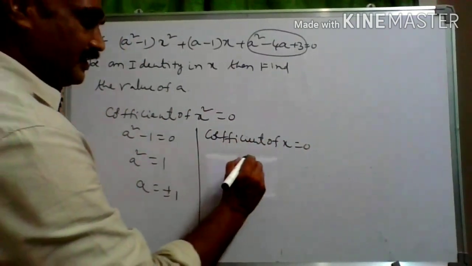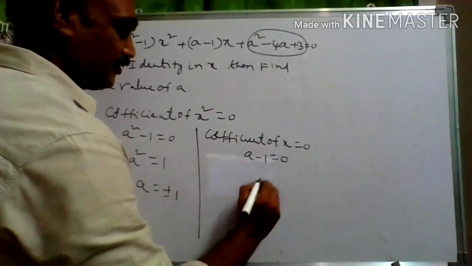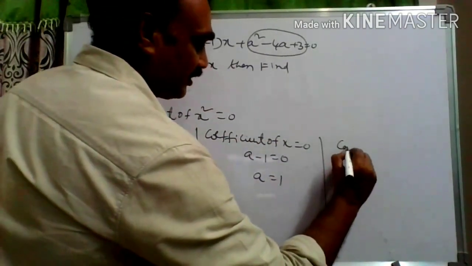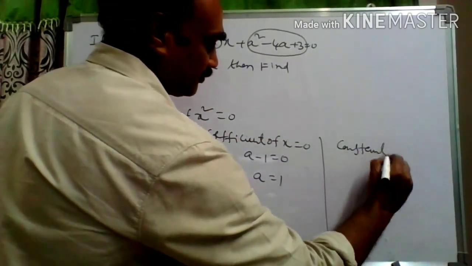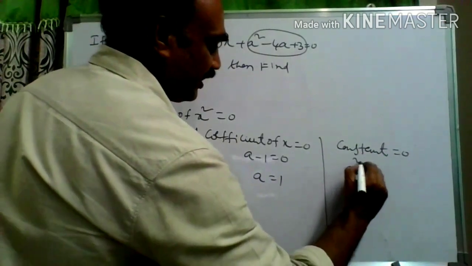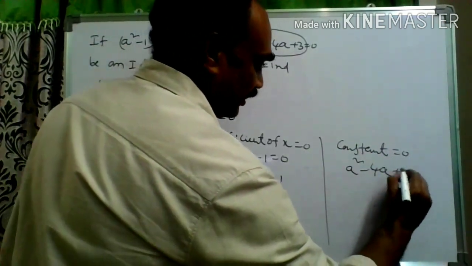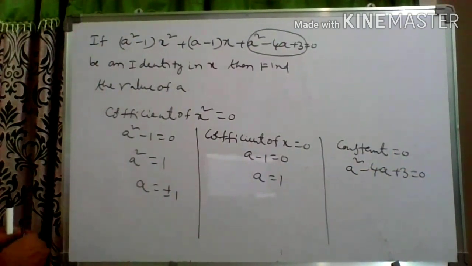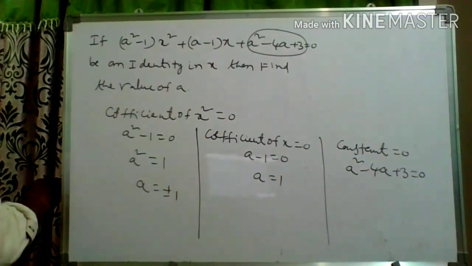What is the coefficient of x? A minus 1 is 0, a is equal to 1. Next, constant is equal to 0. What is the constant? A square minus 4a plus 3 is equal to 0.